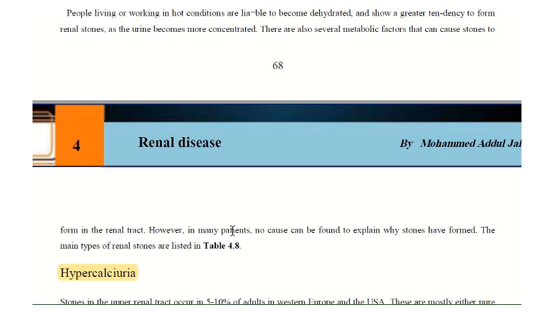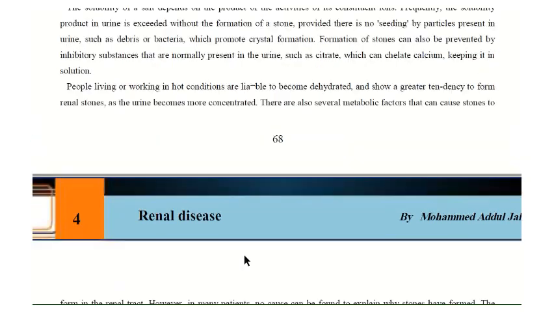However, ولكن in many patients في الكثير من المرضى no cause can be found. لا يوجد سبب ممكن أنه يفسر explain why stones have formed. إذن في كثير من المرضى no cause can be found. لا يمكن إيجاد سبب ليفسر to explain why stones have formed. لماذا تكونت الstones. The main types of renal stones are listed in table 4.8 اللي هو هذا.